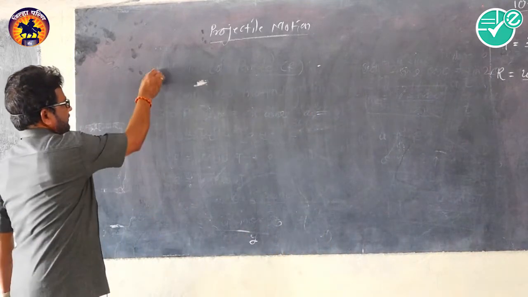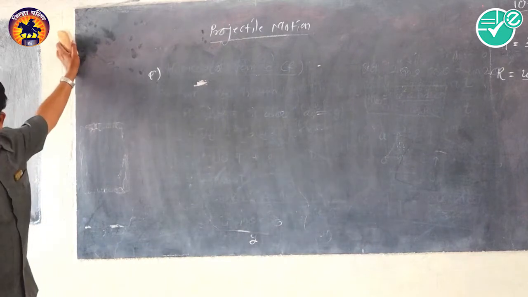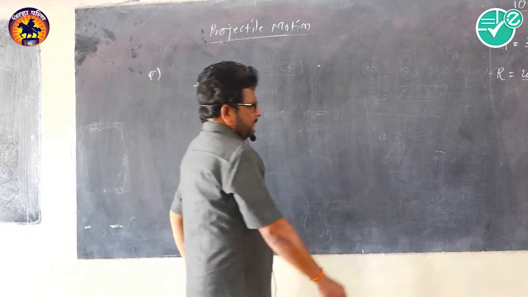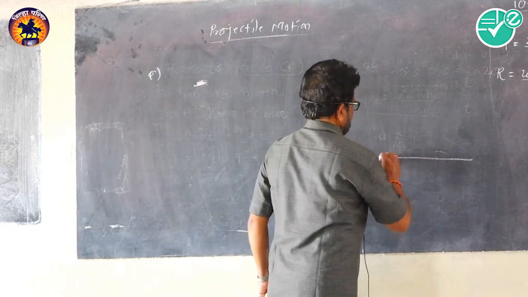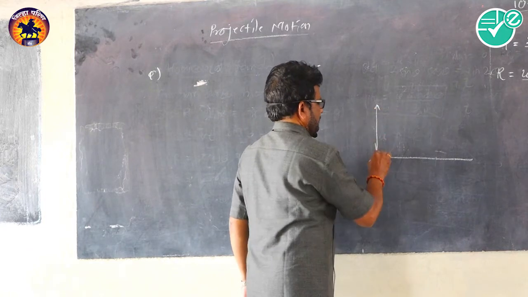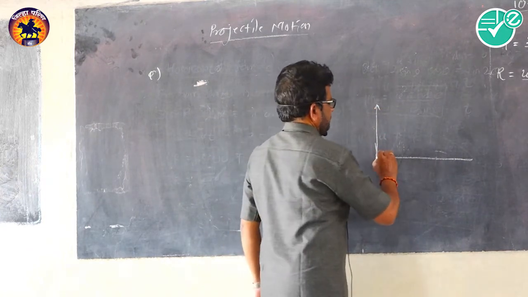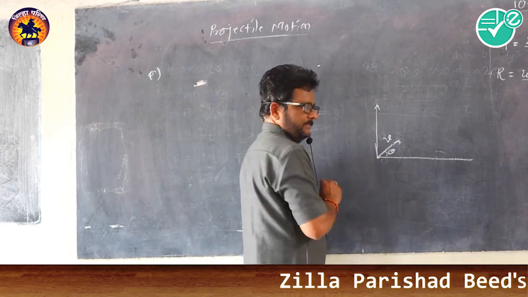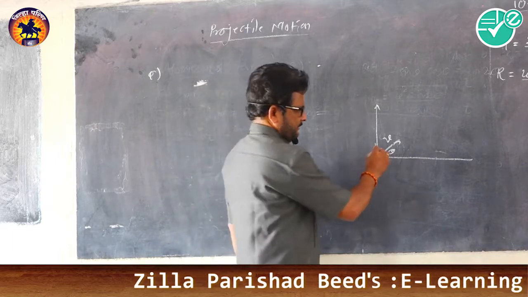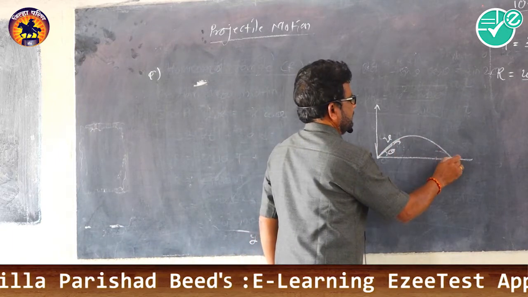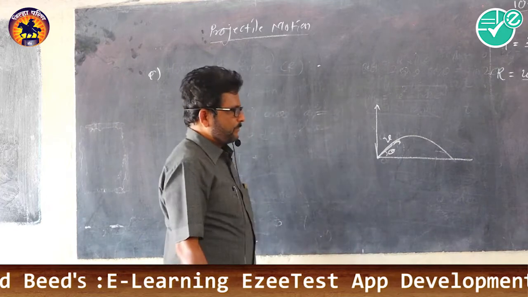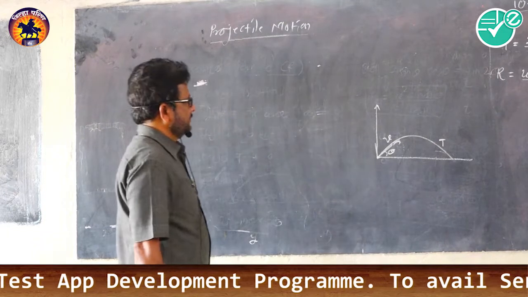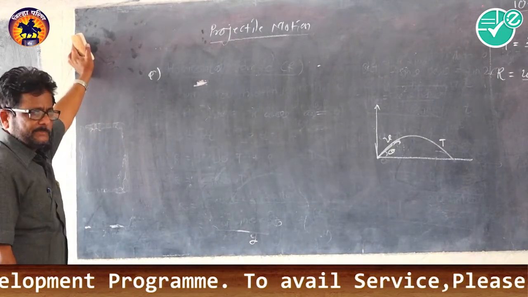There may be a question in the NEET exam such that a projectile is thrown with initial velocity u by making some angle theta with the horizontal in this way, such that its time of flight is t.